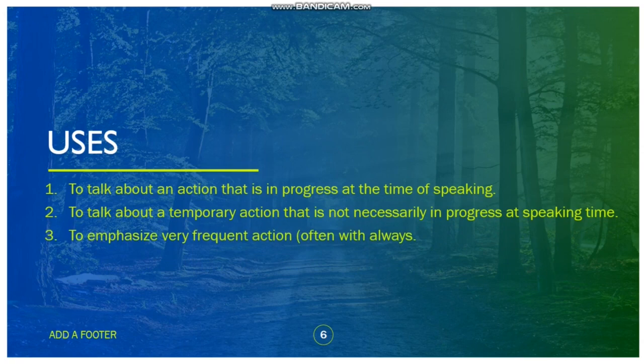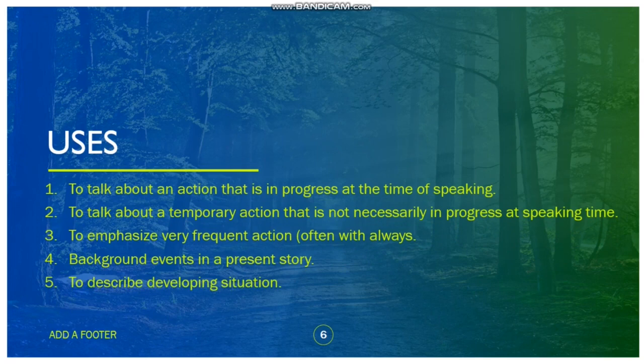Number 3, to emphasize a frequent action, often with always. Number 4, background event in present stories. Number 5, to describe a developing situation. Number 6, to refer to a regular action around a point of time.